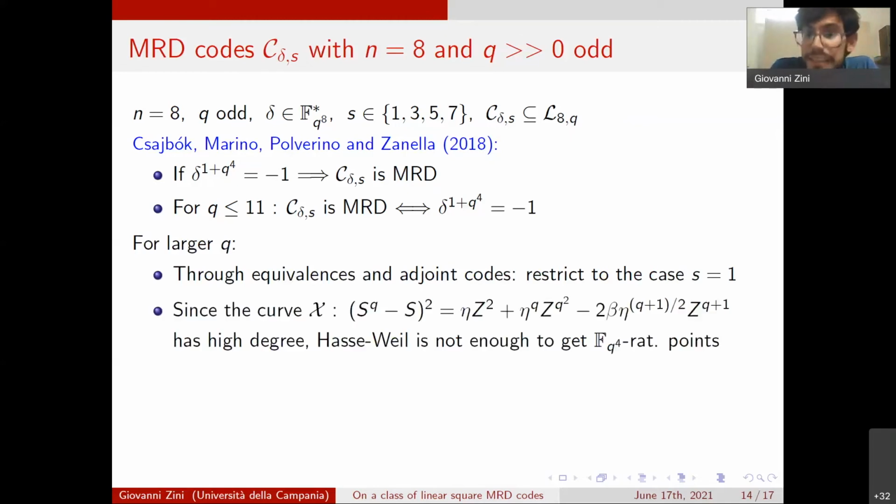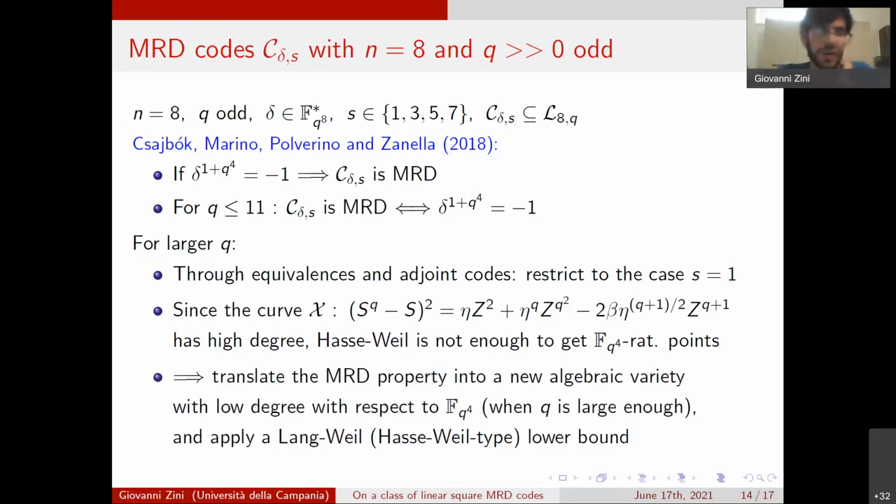And the point already noticed with Olga and Ferdinando is that the curve studied before is no longer enough to apply effectively a Weil lower bound. Why? Because the genus, that is actually the degree of this curve, is too high with respect to the order of the field.